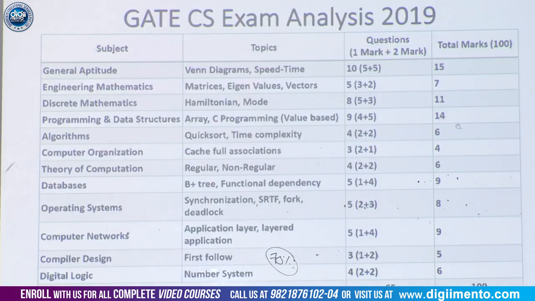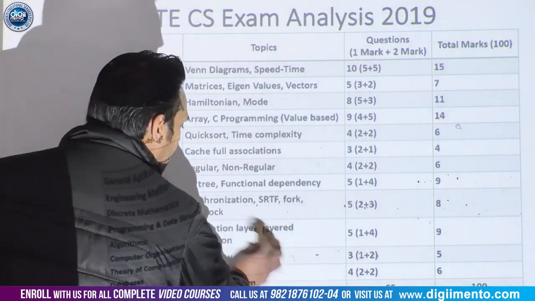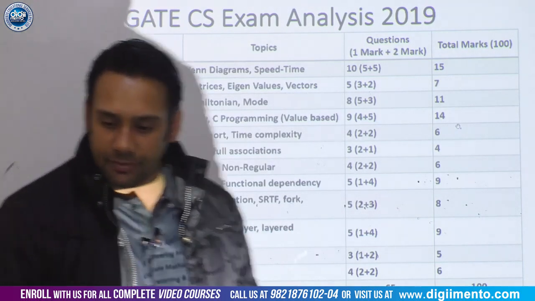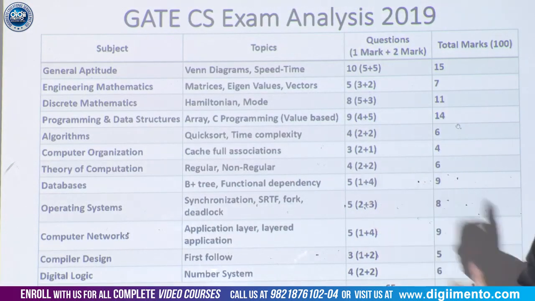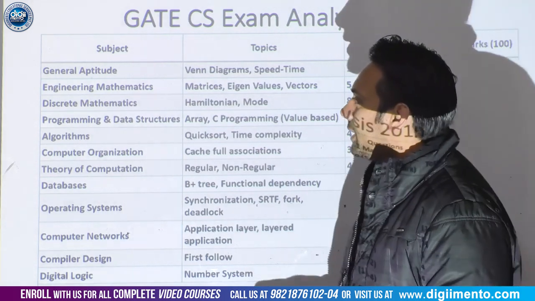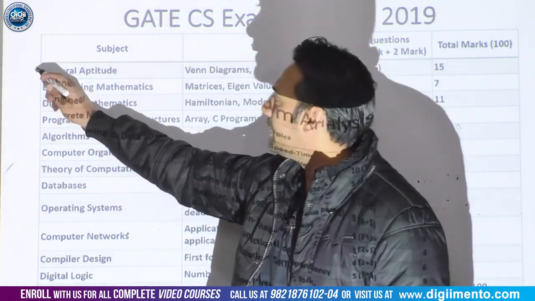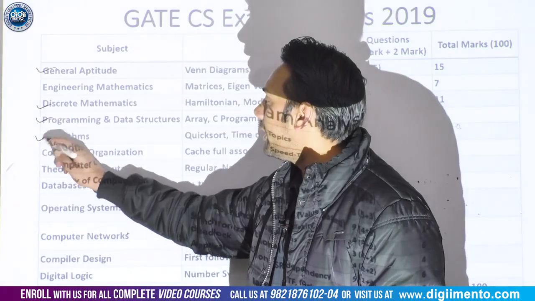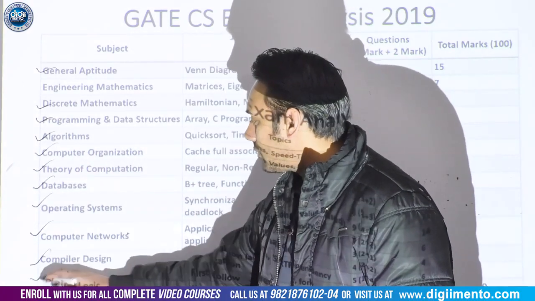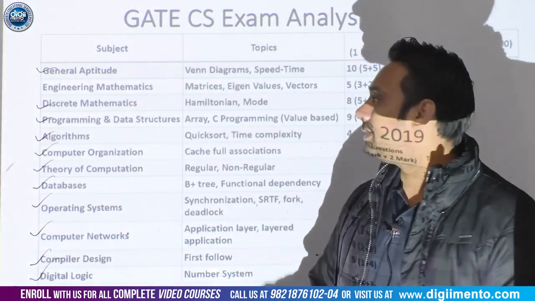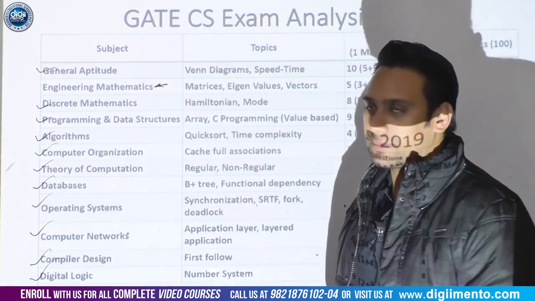Okay, so this is the GATE analysis, from the previous GATE, from February 2019. In this analysis, the subjects which are in UGC-NET are also in GATE. Only one subject is not in UGC-NET, that is engineering mathematics.